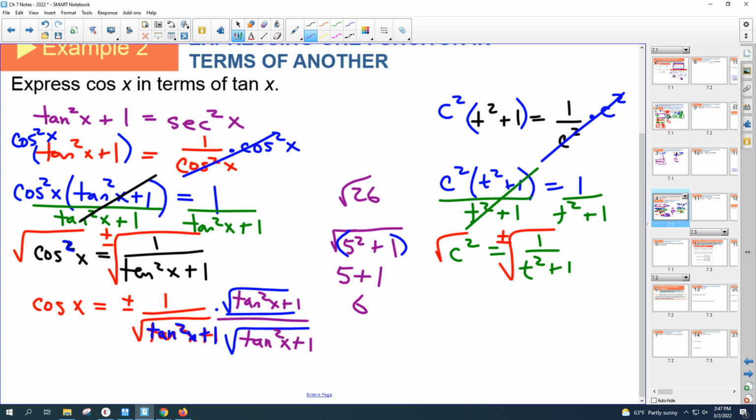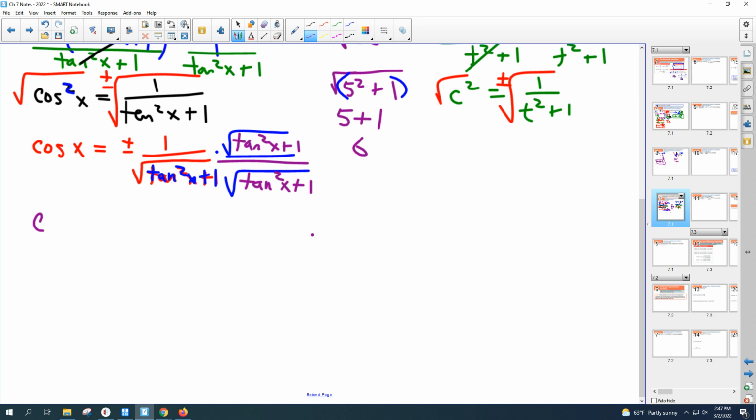By the way, that's 1, right? I'm multiplying by 1, so I'm not changing the value. So let's see what that equals. Cosine x equals plus or minus square root of tangent squared x plus 1 all over, remember, a square root times itself is itself, right? Tangent squared x plus 1.